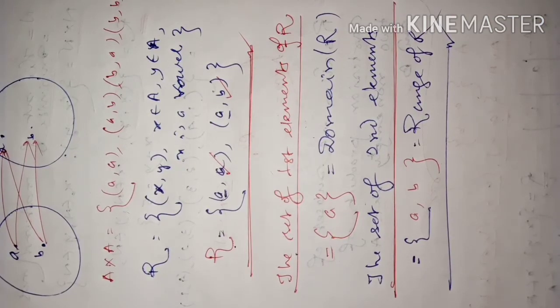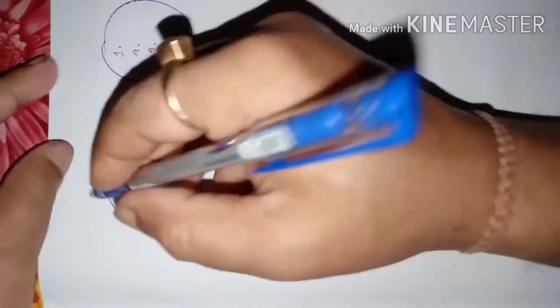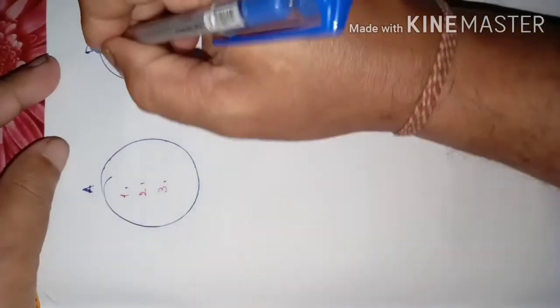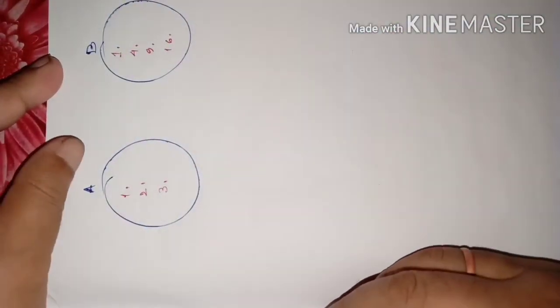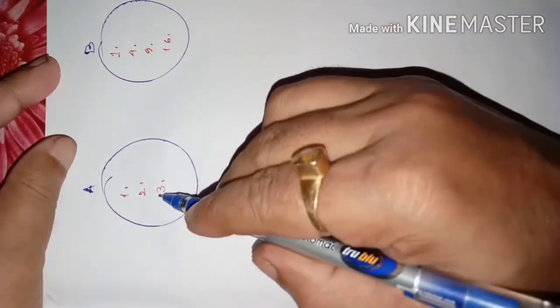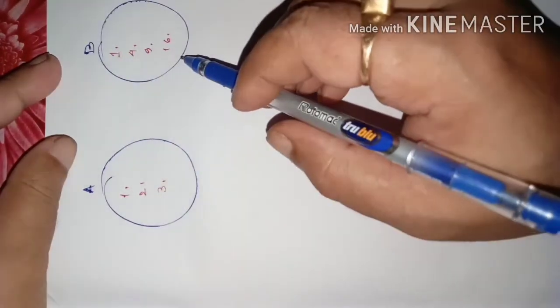Let's take one more example. See students, I have taken two sets A and B. In A there are 3 elements, in B there are 4 elements.